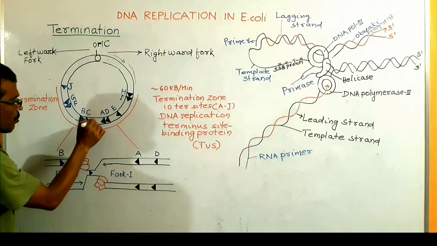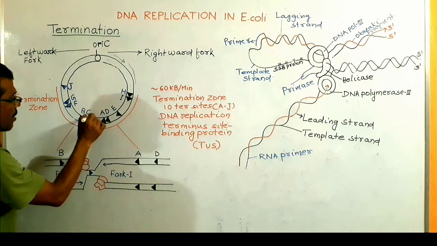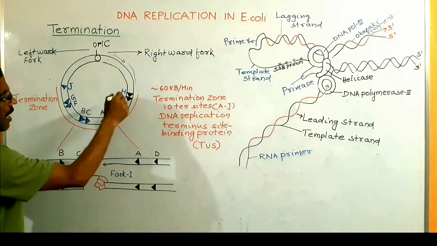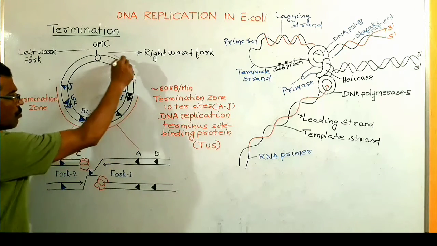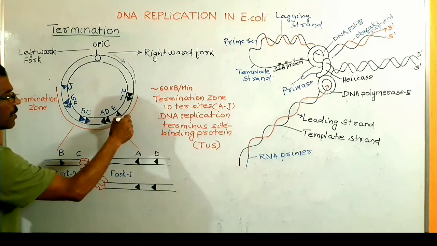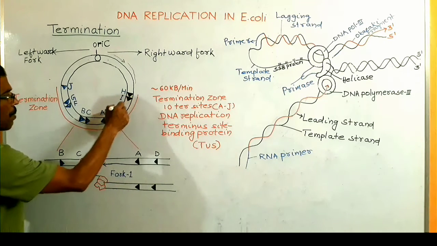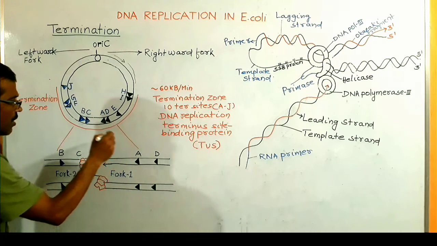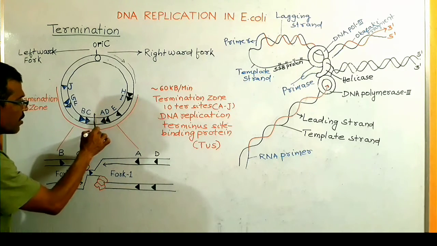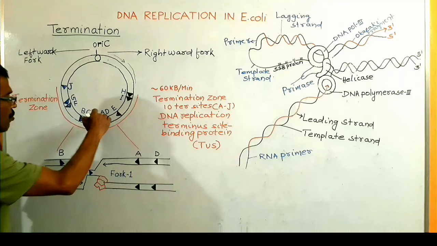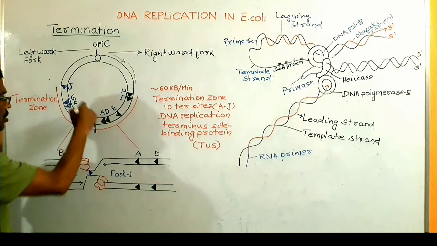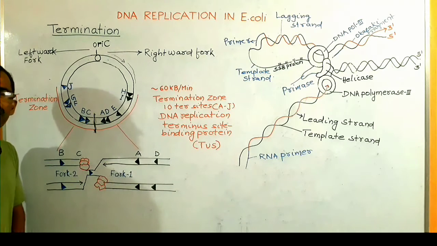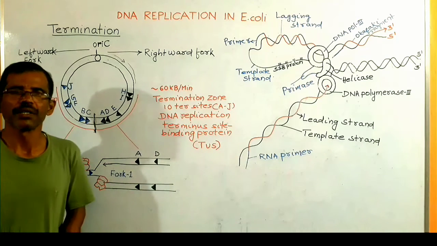That means at this position the leftward replication fork will be stalled. Similarly, the rightward replication fork will move in this direction and it will pass 5 black Ter sites, and after that it will not move further. So at this site, both of the replication forks which are moving in opposite directions will be stalled. So the process of DNA replication will be terminated.